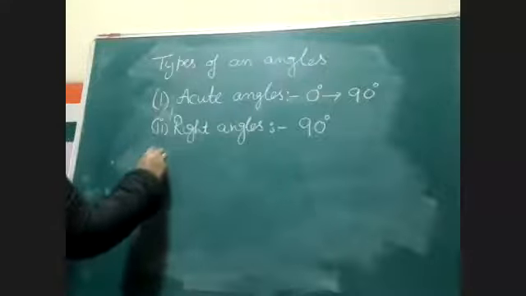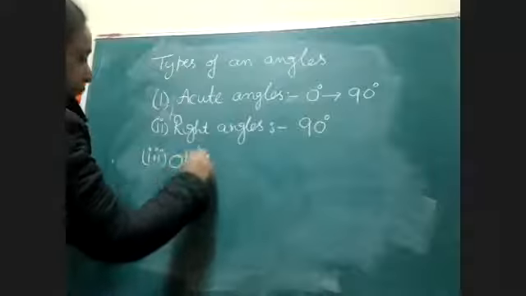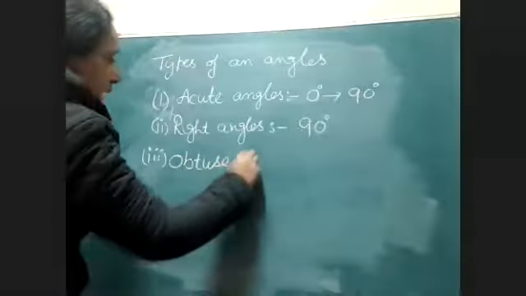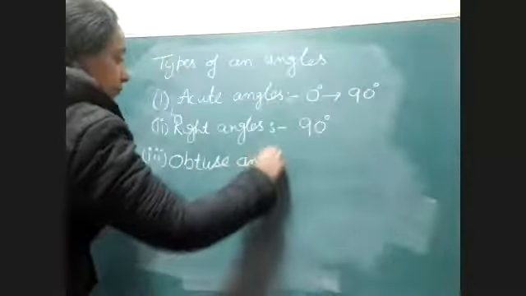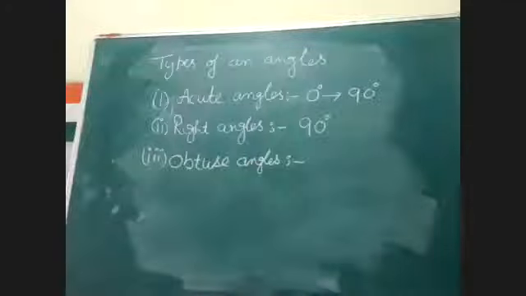Third type is obtuse angles. Obtuse angles are angles which measure more than 90 but less than 180 degrees.